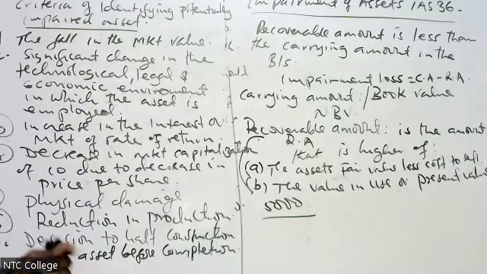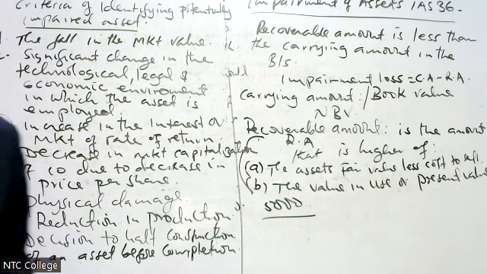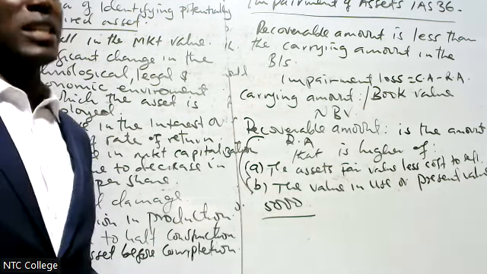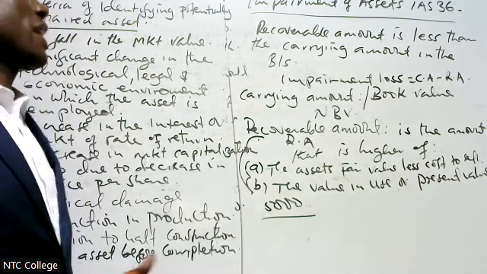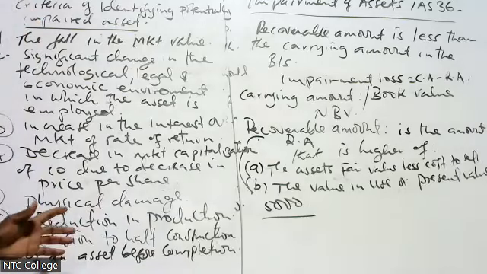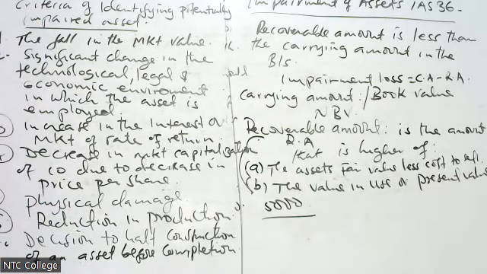Those are some of the factors that will indicate that the asset is potentially impaired. Therefore, now we know how we can identify the asset is impaired. Now, if you are the chief finance officer of your company, if you are the senior accountant in your company, make sure that you advise your company on how to report impairment each year.